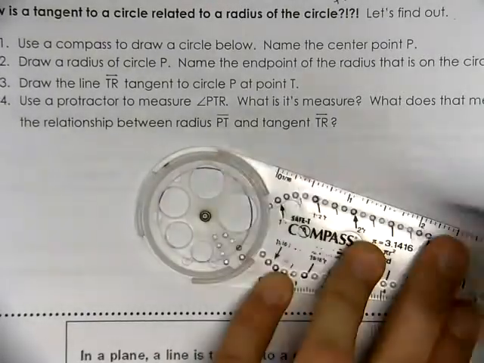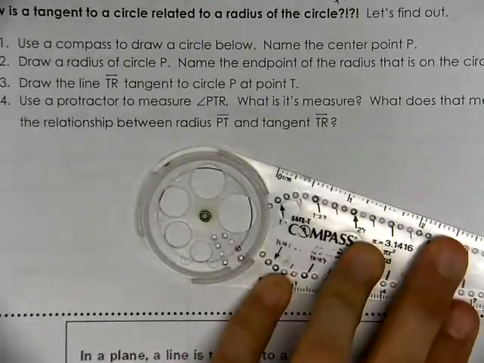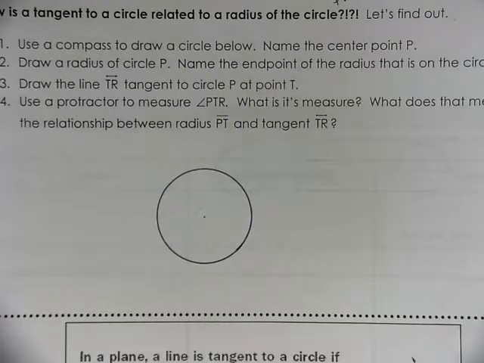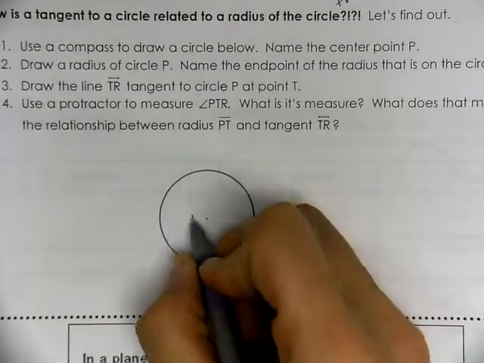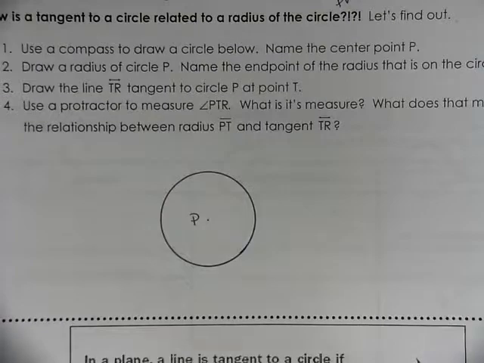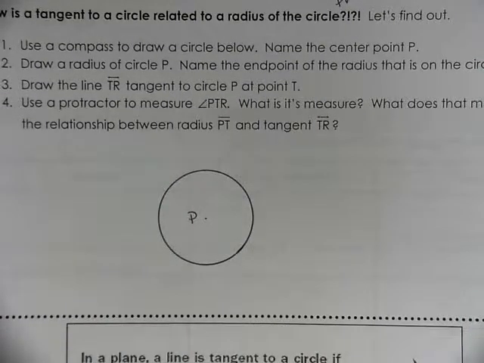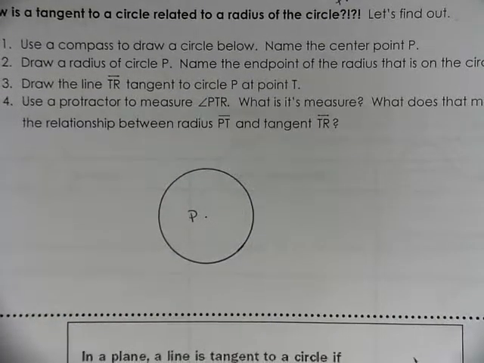And put a dot at the center. If you put your pen in there, the center is going to be point P. And what we're going to do is create a tangent line.